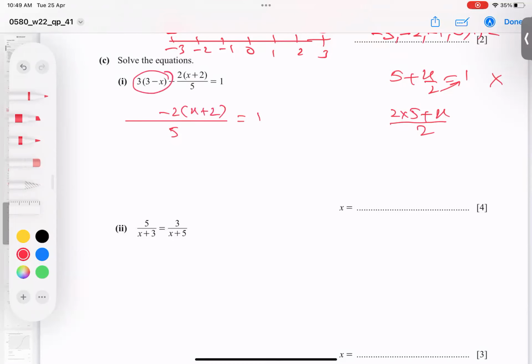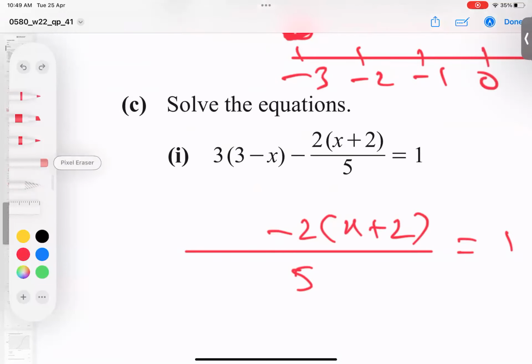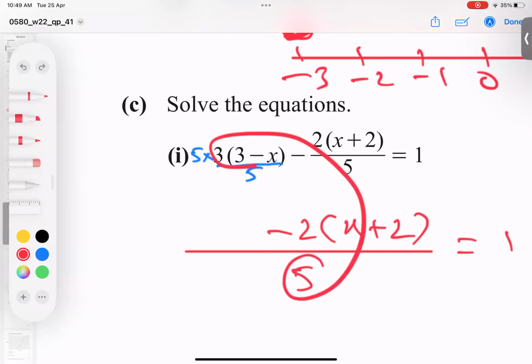Maybe some students do it this way: multiply 5 up and 5 down. Or just write 5, no problem. Now, if they match, the upper term will be copied here, or 5 multiplies the whole, same story. So 5 times 3 is 15.